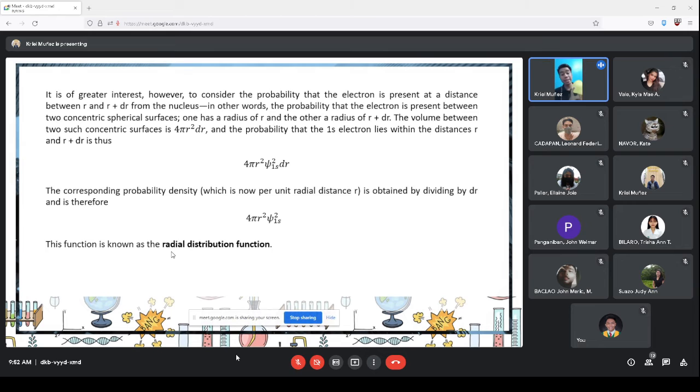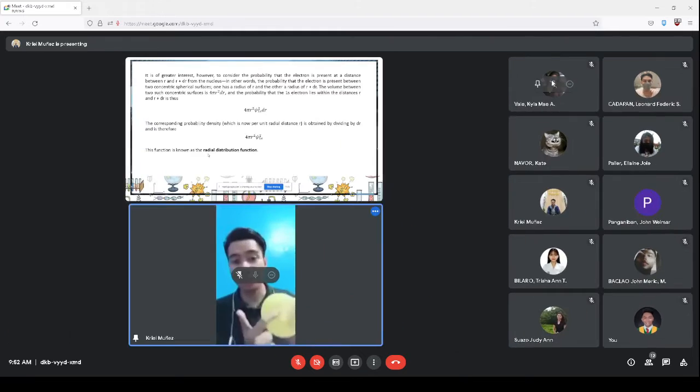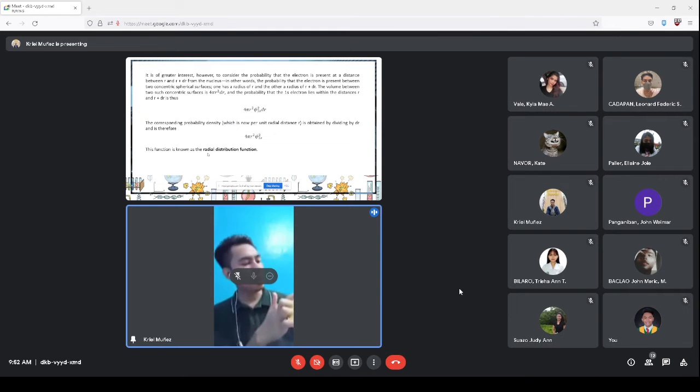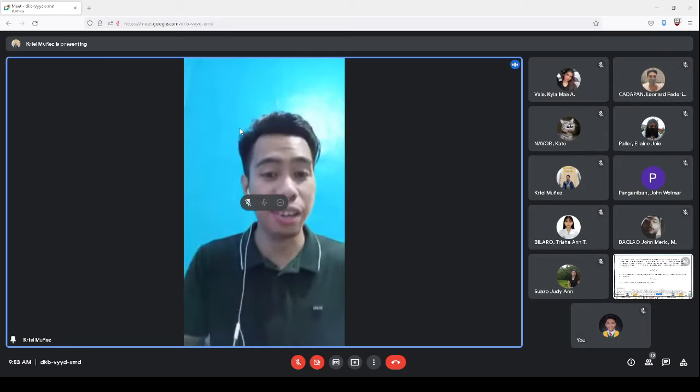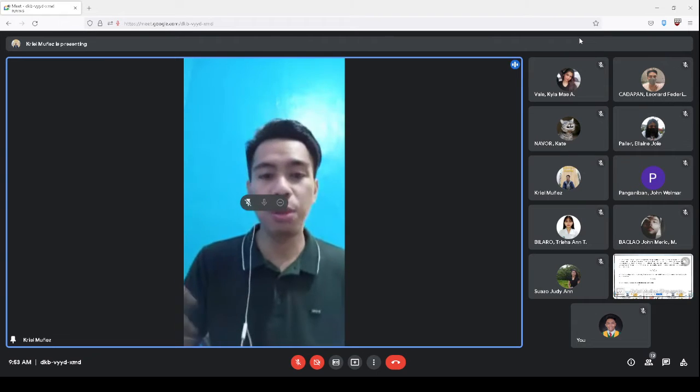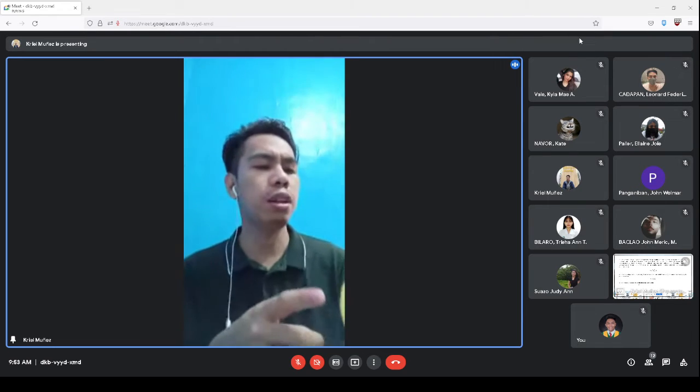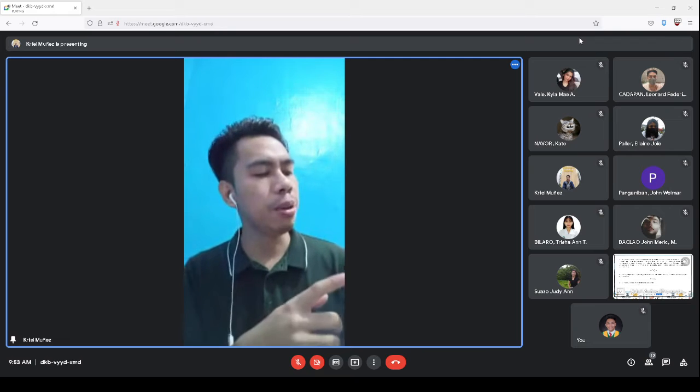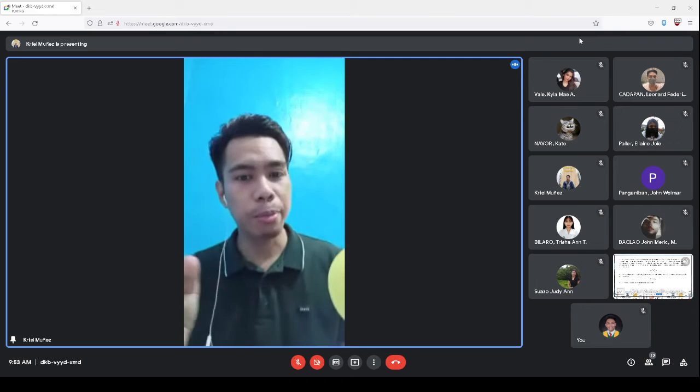So, for example, nandito sa gitna yung ating nucleus, no? And then, let's suppose spherical yung ating orbit. But what I'm saying is hindi lahat spherical, ha. Like for example, you have the p orbital, the d orbital, the f orbital, which is kind of complicated, no? So for the 1s orbital para mabilis lang natin siyang maisip.